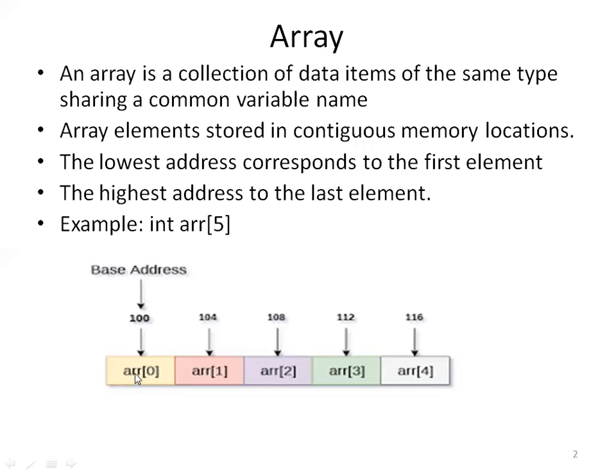The first element, that is arr[0], is stored at the 100 byte location, which is the base address of this array. And then the second element is stored at 104 byte. Then the third element is stored at 108. Likewise, the last element, that is arr[4], is stored at the 116 byte address. So this is how the array elements are stored in the memory.